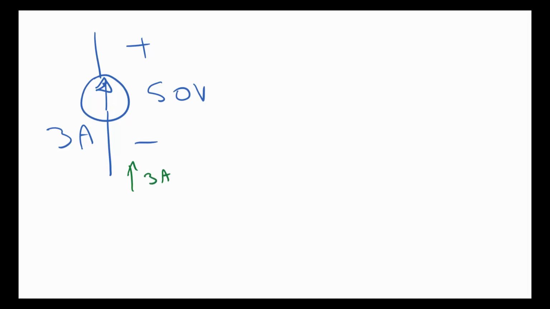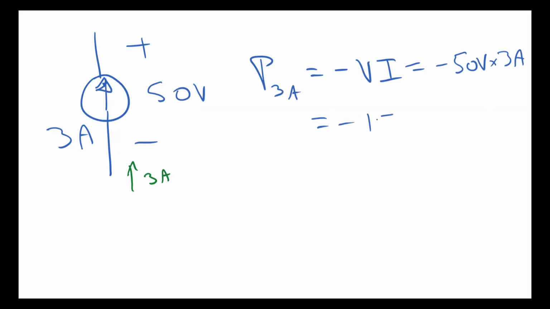So then we can write the power of the 3 amp source is equal to minus VI. When we plug in our numbers, it's going to be minus 50 volts times 3 amps, and that works out to minus 150 watts.